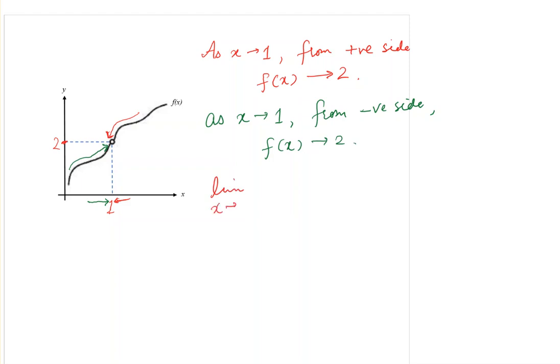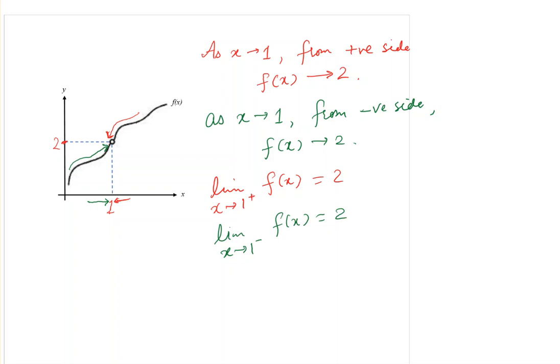We write limit as x approaches 1 plus. This is the notation we use for the positive side, or the right side. So the limit as x approaches 1 from the right side is equal to 2, and the limit as x approaches 1 from the negative side of f(x) is equal to 2.